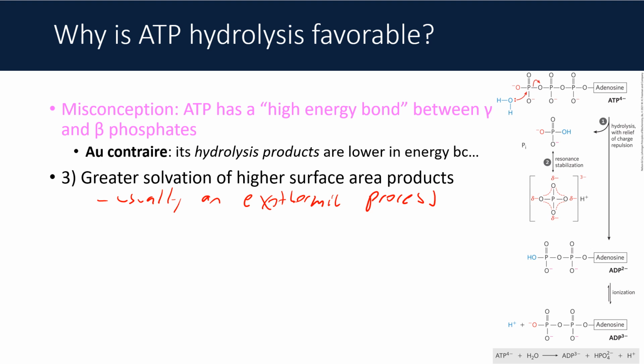All right, and we can visualize it by just sort of drawing a circle around phosphate and ADP.